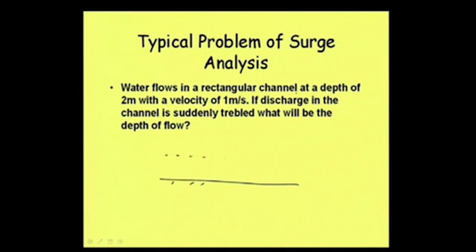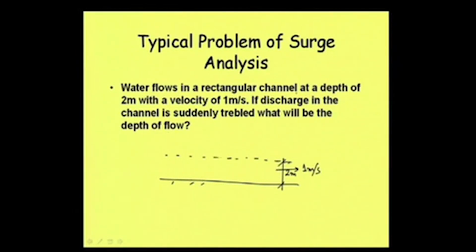First I am drawing by dotted line, flowing with a depth of 2 meter. This is a typical problem taken from the book of Rangaraju, open channel flow. So the depth is 2 meter and the velocity of flow is 1 meter per second. And if the discharge in the channel is suddenly tripled, what will be the depth of flow?